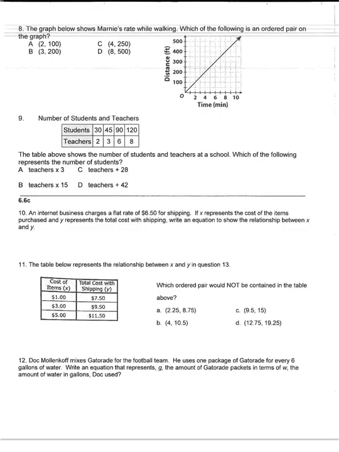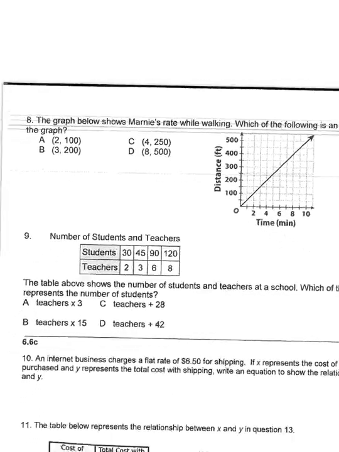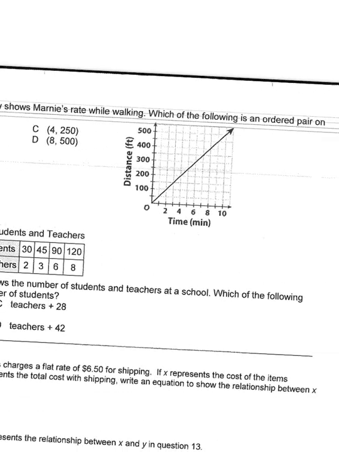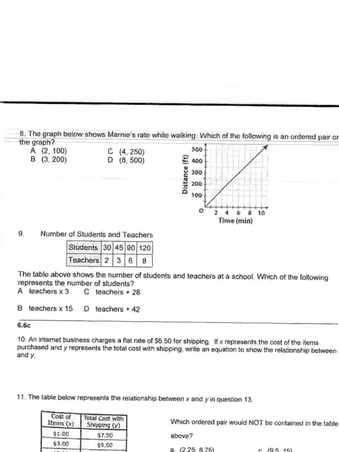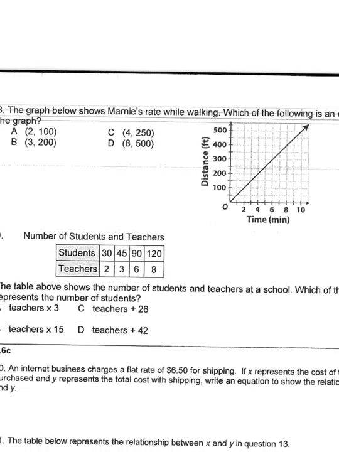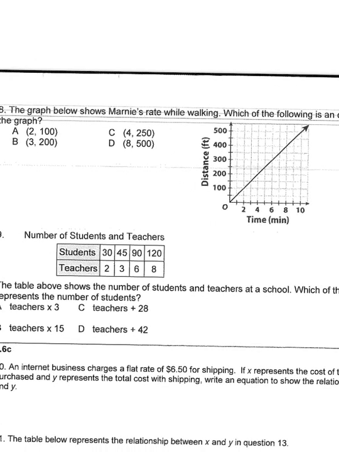Okay, the graph below shows the rate of walking. It's minutes per feet or foot. So, oops, let's move this around a little bit. So if you're just looking, which one is an ordered pair, you just got to do some plotting. And so let's take a peek at this.